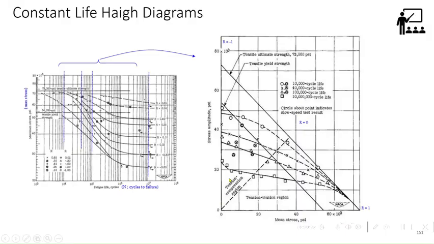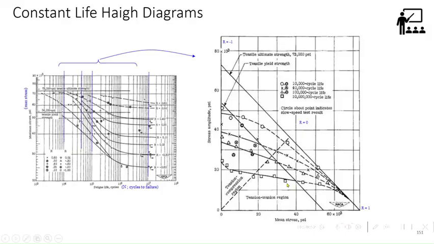There is always a combination of stress amplitude and mean which will result in 10 to the power 6 cycles. So to get a higher mean for 10 to the power 6, your stress amplitude decreases. Suppose in the example I take 20 here, and mean is 10.5. So mean is 5 psi and the amplitude is close to 20. That will give 10 to the power 6 cycles.